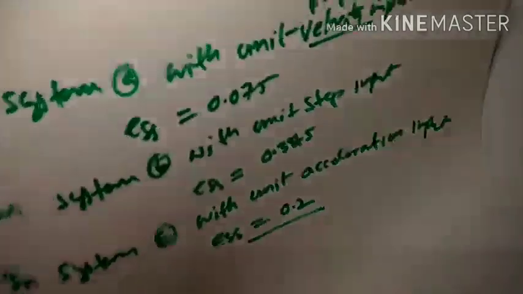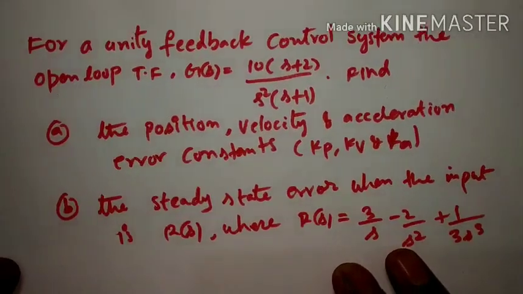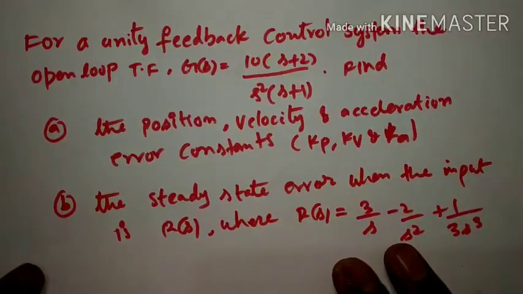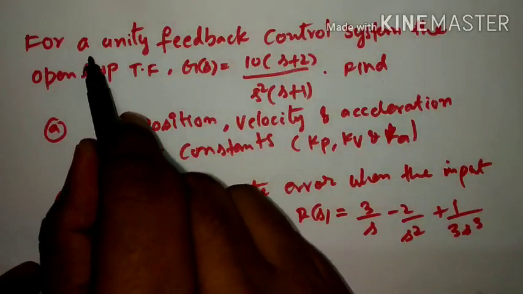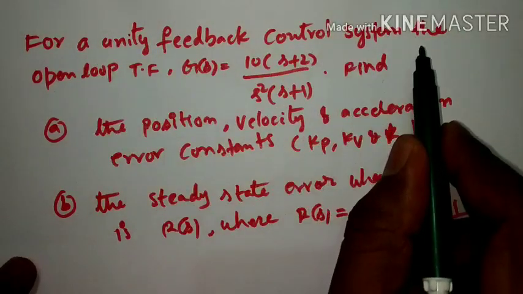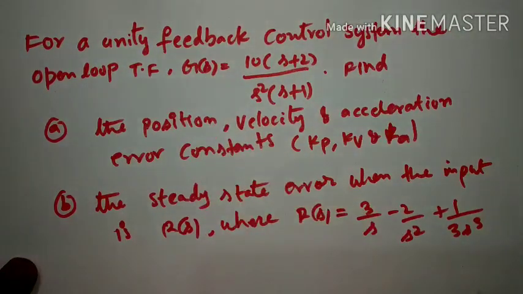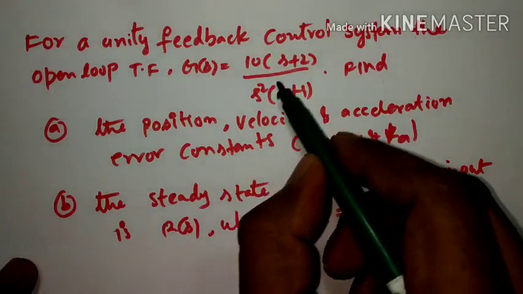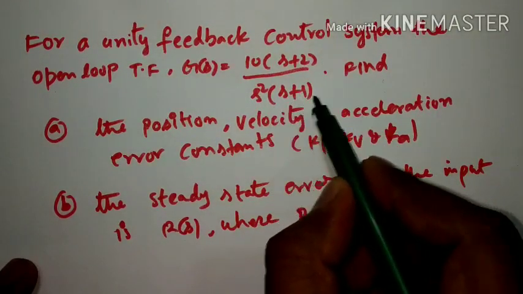Okay. So we will see the next problem. What is the problem? It says, for a unity feedback control system, the open loop transfer function G(s) is equal to 10 into (s plus 2) by (s square plus s plus 1).